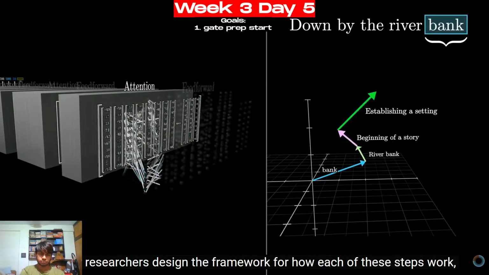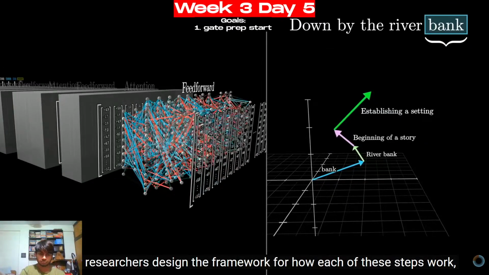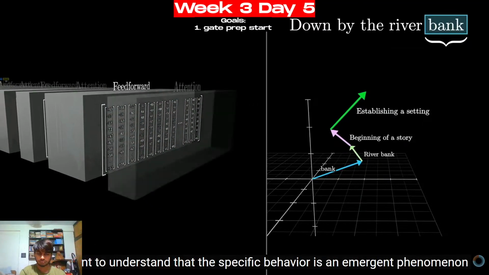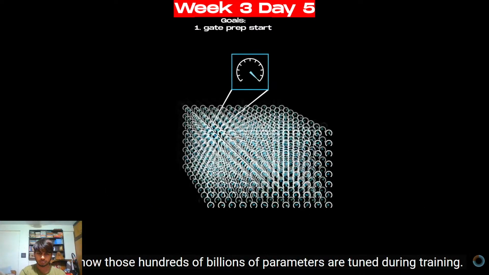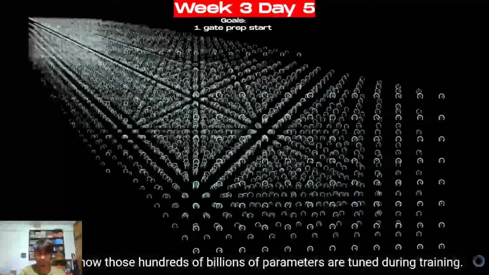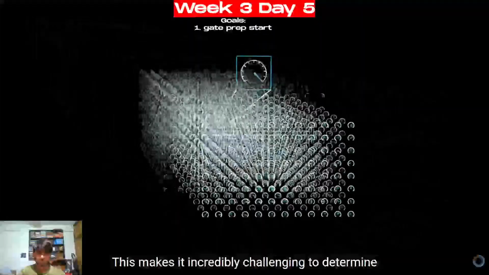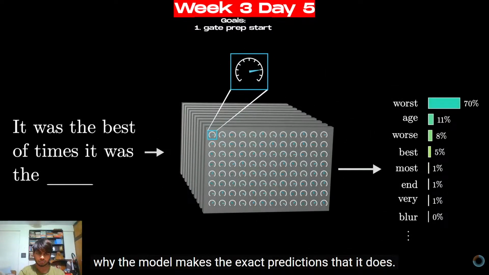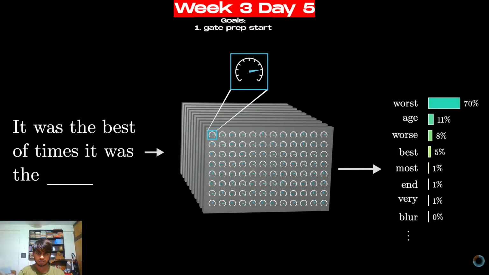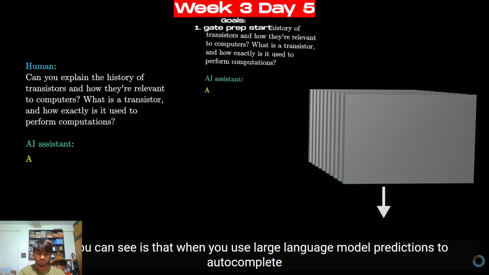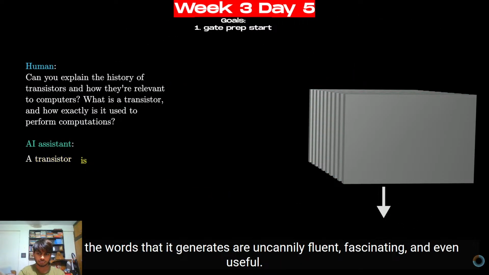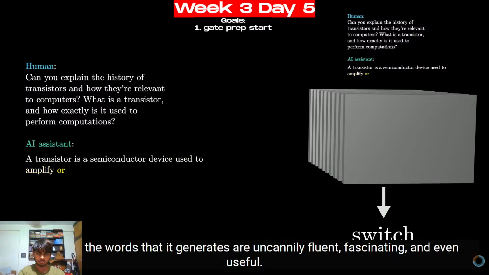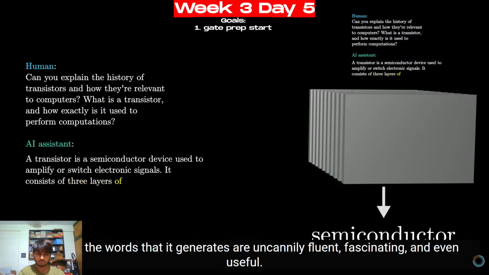Although researchers design the framework for how each of these steps work, it's important to understand that the specific behavior is an emergent phenomenon based on how those hundreds of billions of parameters are tuned during training. This makes it incredibly challenging to determine why the model makes the exact predictions that it does. What you can see is that when you use large language model predictions to autocomplete a prompt, the words that it generates are uncannily fluent, fascinating, and even useful.